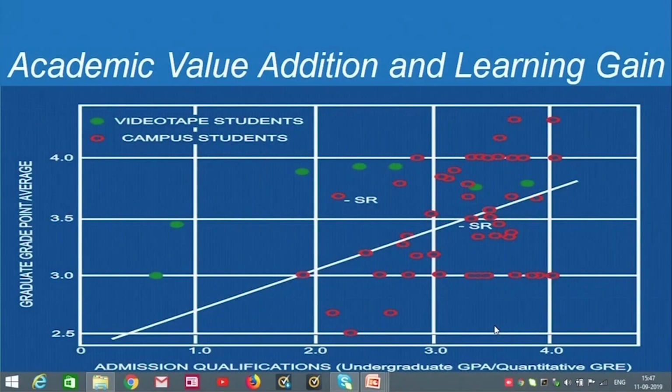The straight line here, if you see the straight line here, let's look at this point, this student whose graduate grade point average, meaning the grade point average at the time she passed out at the master's degree level, is this.